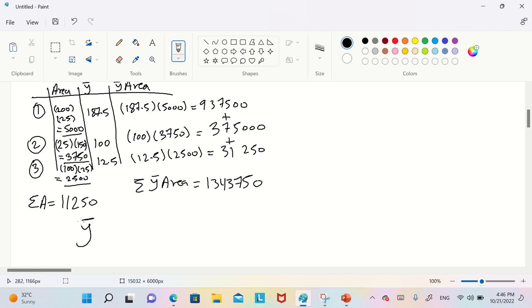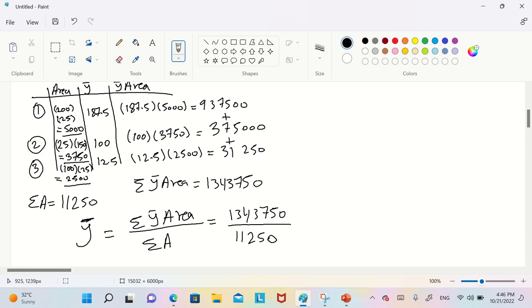So the y bar for the whole is the y bar area over the area. So 1343750 over 11250.